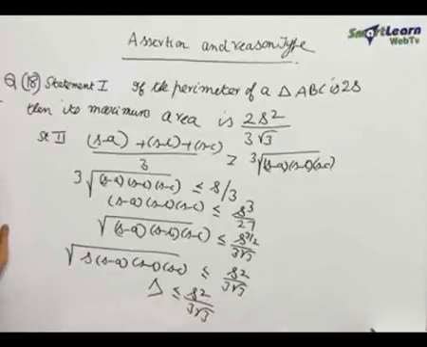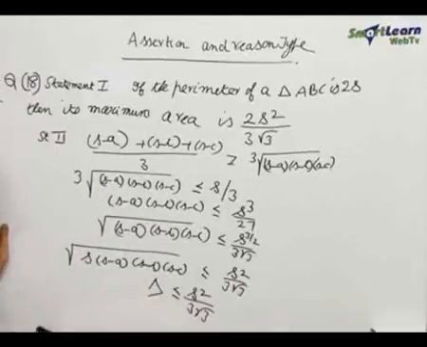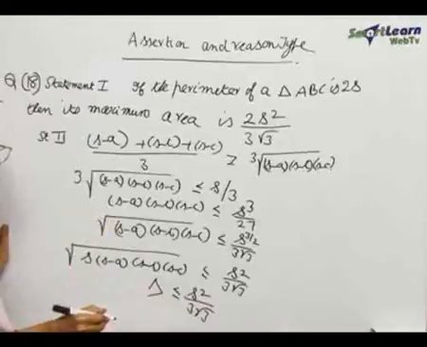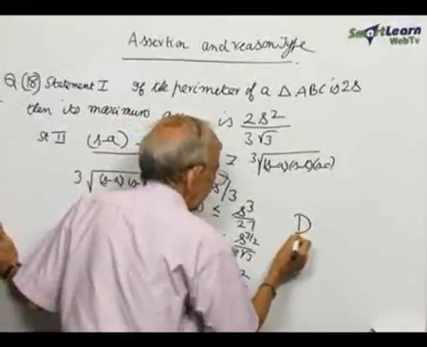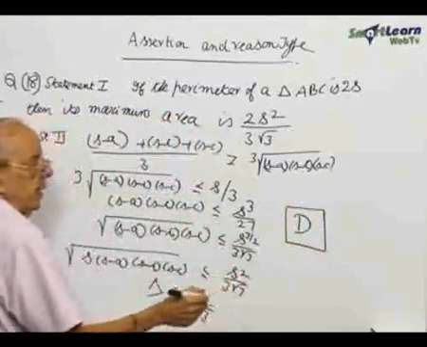Whereas in statement 1, you are given that the maximum area is 2s squared by 3 root 3. So, statement 1 is false, statement 2 is correct. Therefore, it comes under the category capital D.